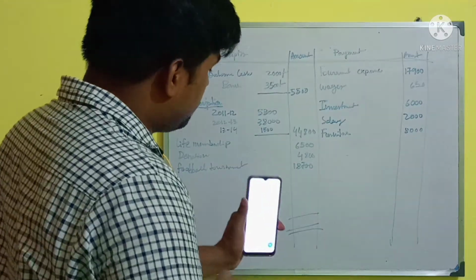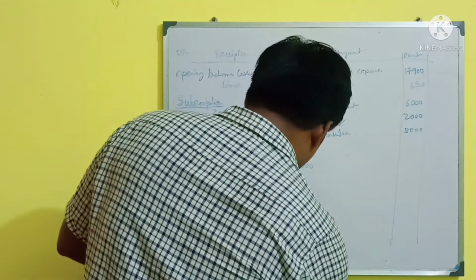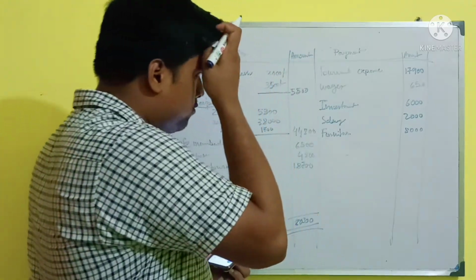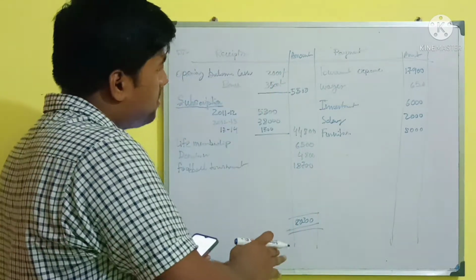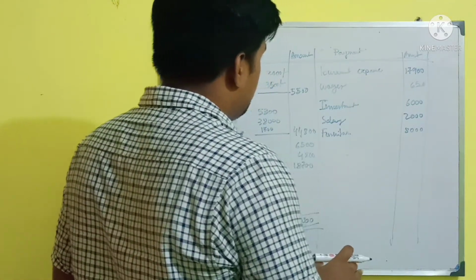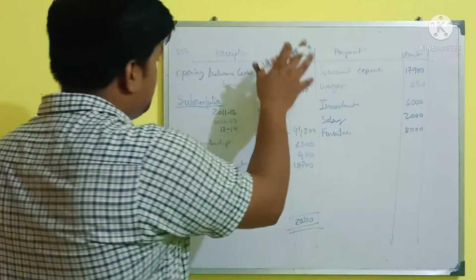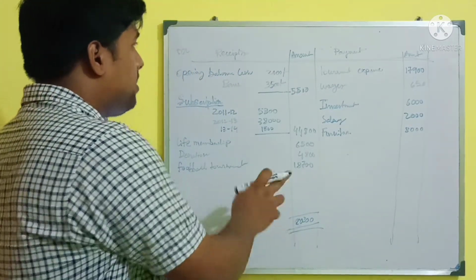It is showing the total amount is 80,300. We have to check whether the receipt side is bigger or the payment side is bigger. After that we have to write it down here. I have checked that the receipt side total amount is 80,300.